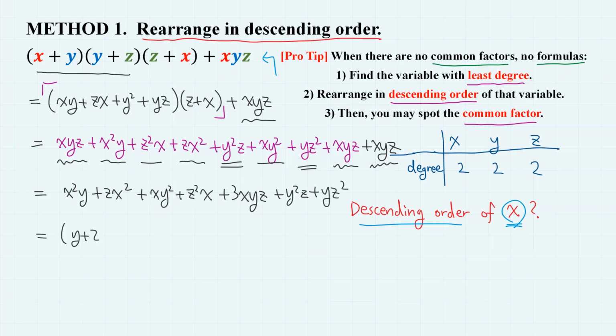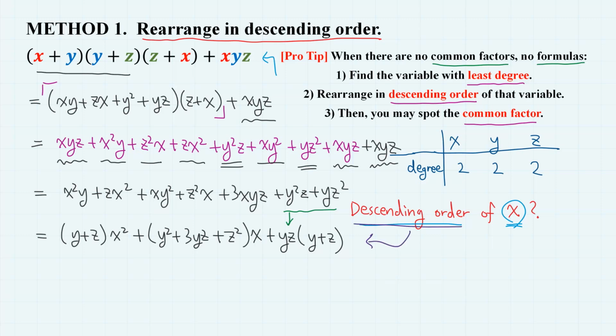Therefore, we have (y + z)x², then (y² + 3yz + z²)x. And as for this part, let us write yz(y + z). So we have the descending order of x, but where do we go from here?